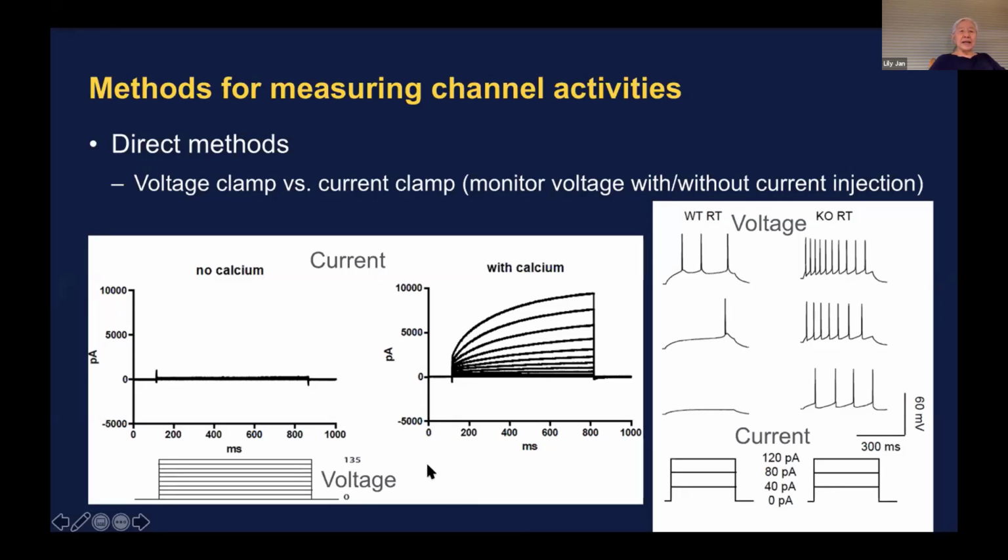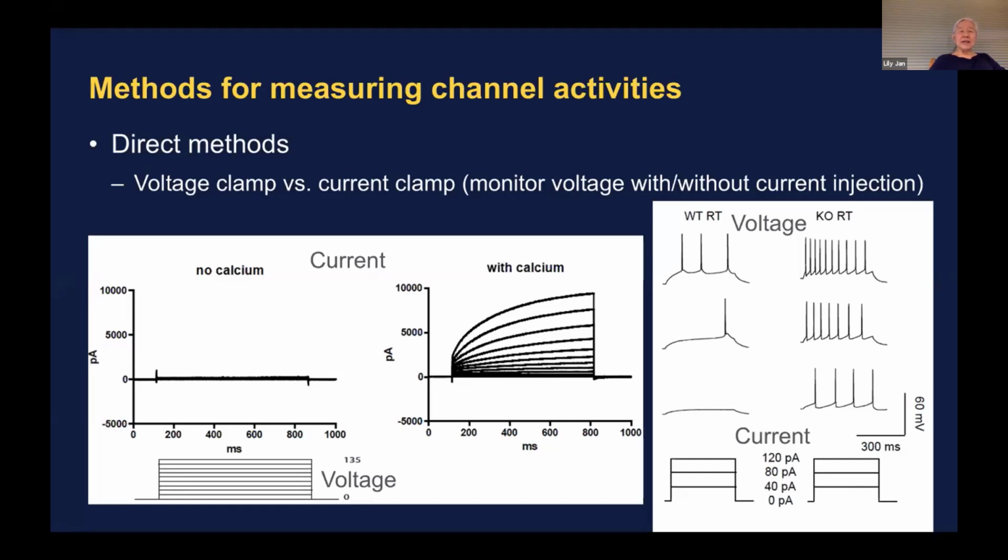For voltage clamp, we hold the membrane potential at a constant level. Here there are multiple superimpositions of different membrane potentials. And when we bring the membrane potential to a different level, that might cause the channels to open, allowing ions to flow through the cell membrane, and that would tend to change the membrane potential.